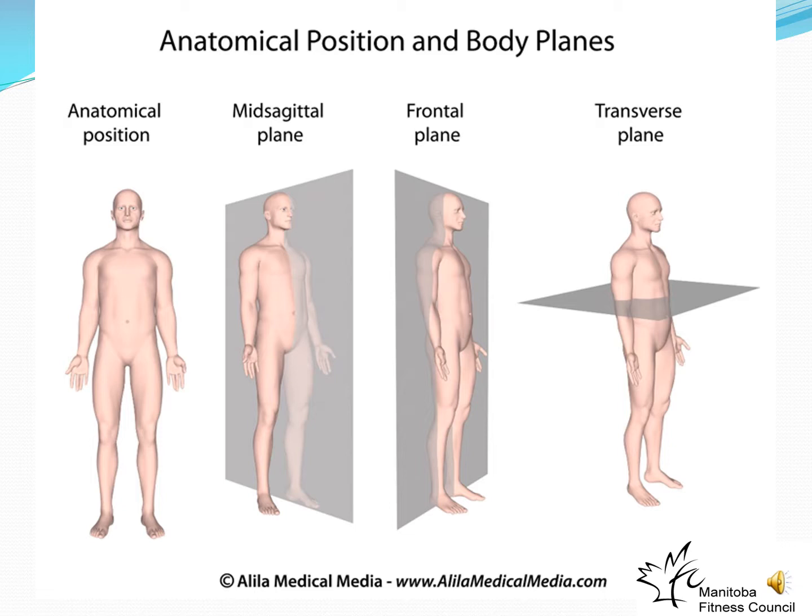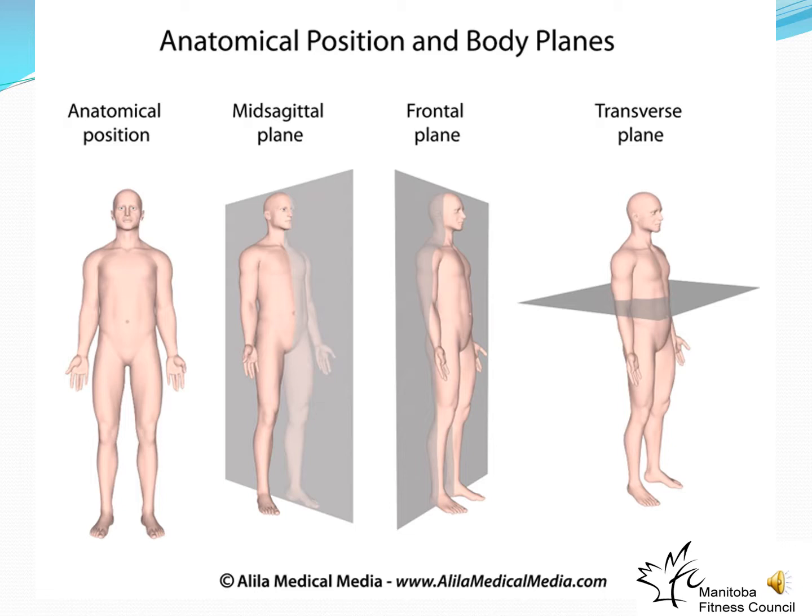Picture that plane going through his body like a sheet of glass. All he would be able to do for movements, if he doesn't want to run into that sheet of glass, is move along that sheet of glass. So that would be movement in the sagittal plane. If he was to walk straight forward, can you see that he would be moving along the plane?